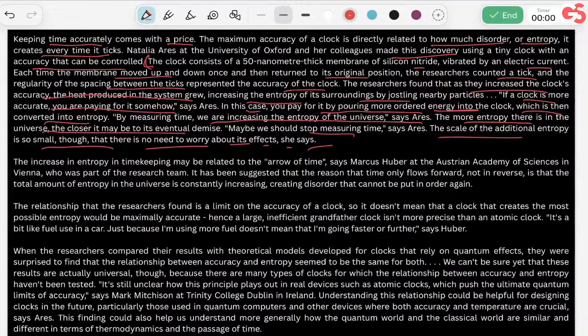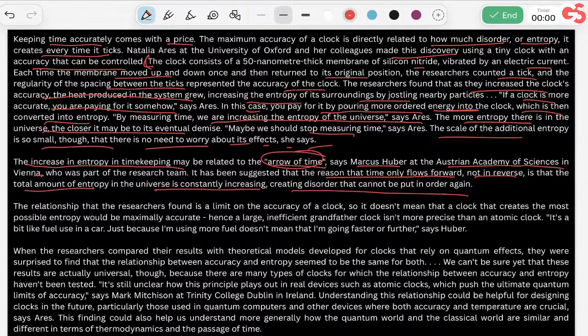Not yet, okay, let's move ahead. The increase in entropy in timekeeping may be related to the arrow of time, says Marcus Huber at the Austrian Academy of Sciences in Vienna, who was part of the research. It's been suggested that the reason that time only flows forward, not in reverse, is that the total amount of entropy in the universe is constantly increasing, creating disorder that cannot be put in order again.